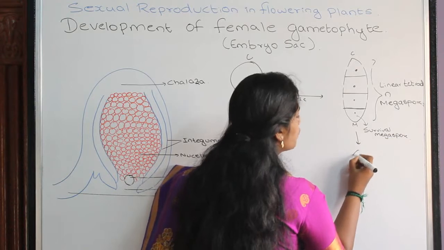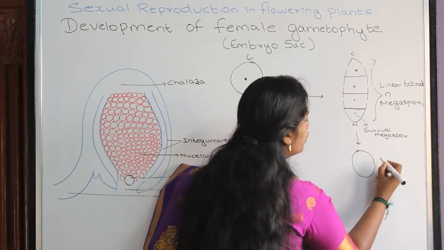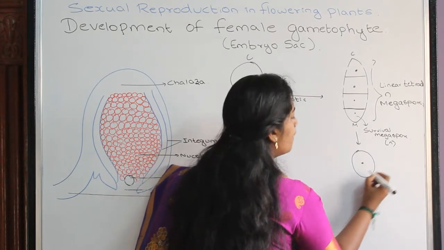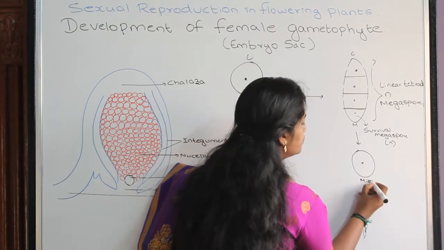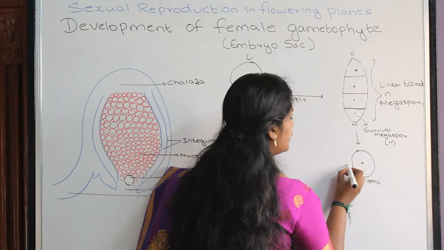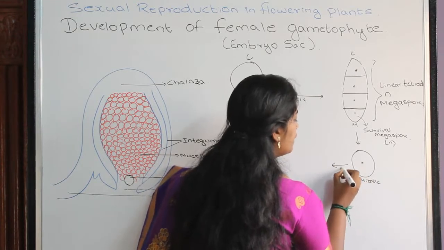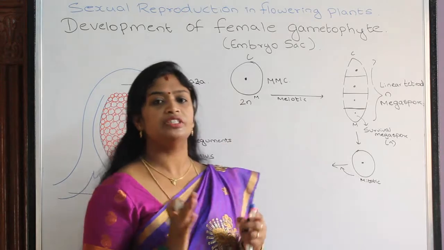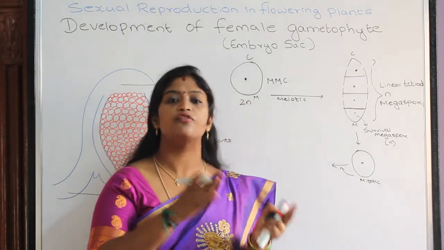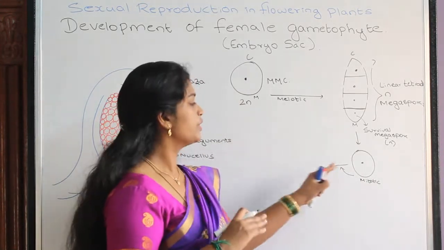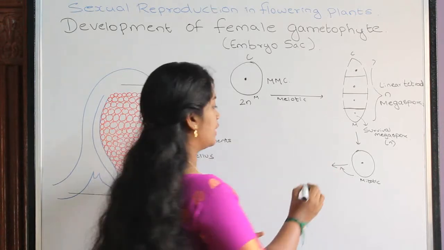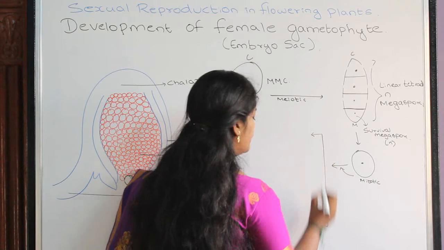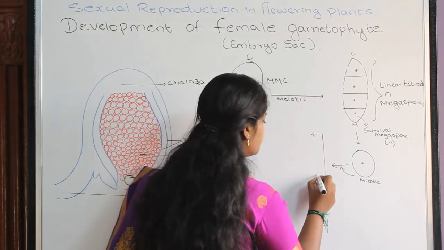Now this surviving megaspore, which is haploid in nature, undergoes mitotic division, in which karyokinesis takes place. Here 3 successive karyokinetic events take place.